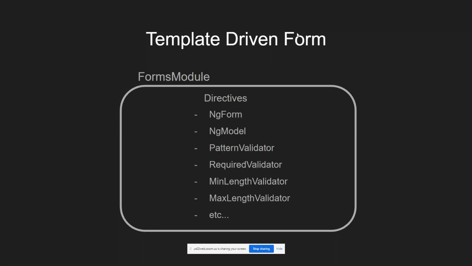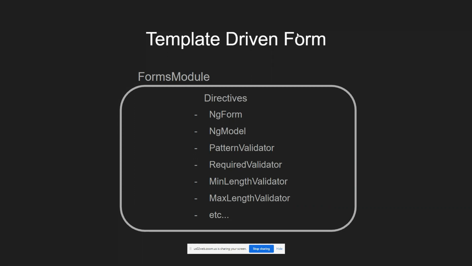Before we start coding, there's a module that we need to import into our app module. The module that we're going to import is FormsModule. This module provides us a set of directives. Here we can see some of them.